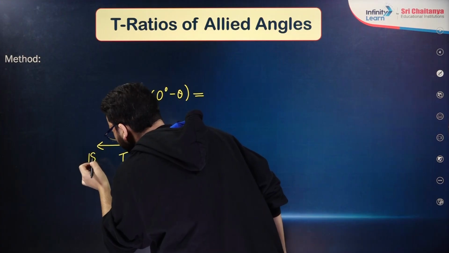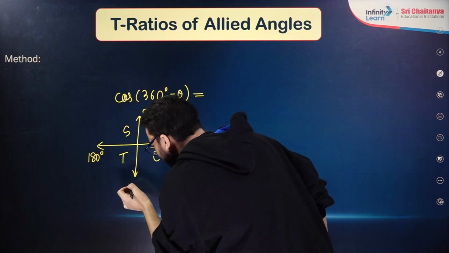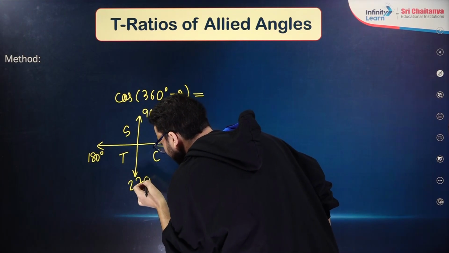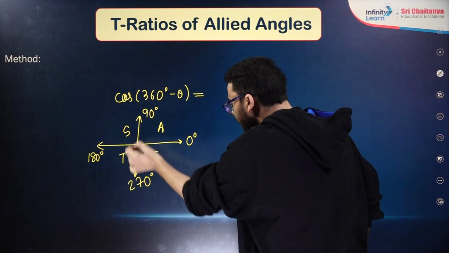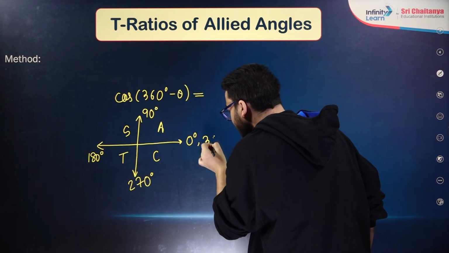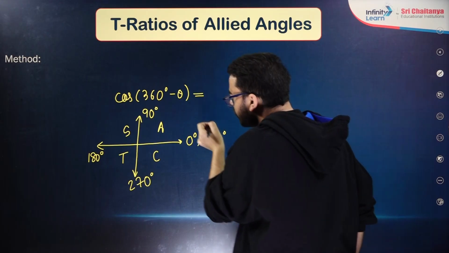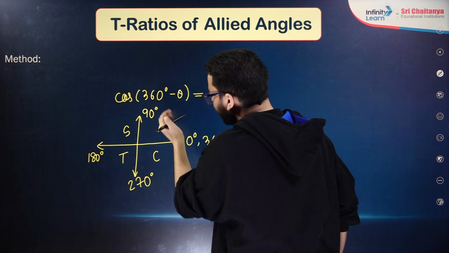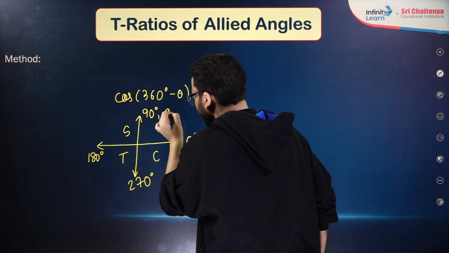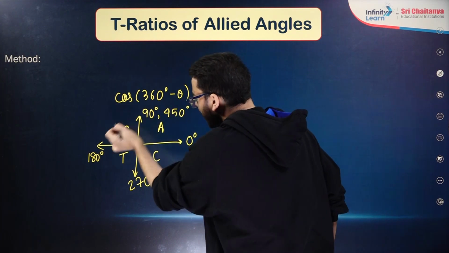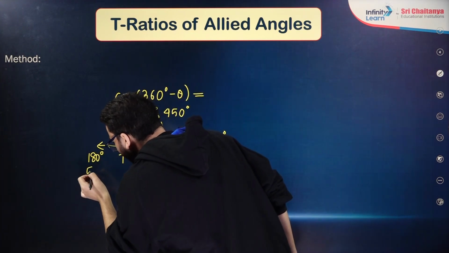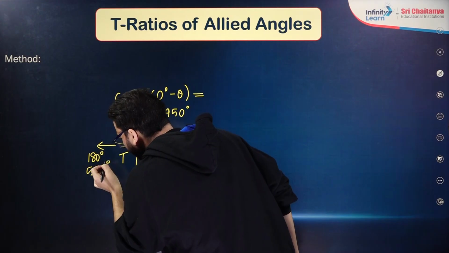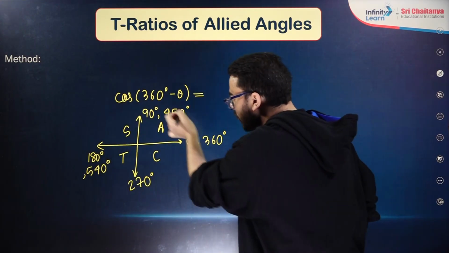Then 180, then 180 plus 90 is 270, and you keep on going like that. This will be 360, then if you add 90 to it, this will be 450, and if you add 90 again, this will be 540, and so on. It will keep on going, right?